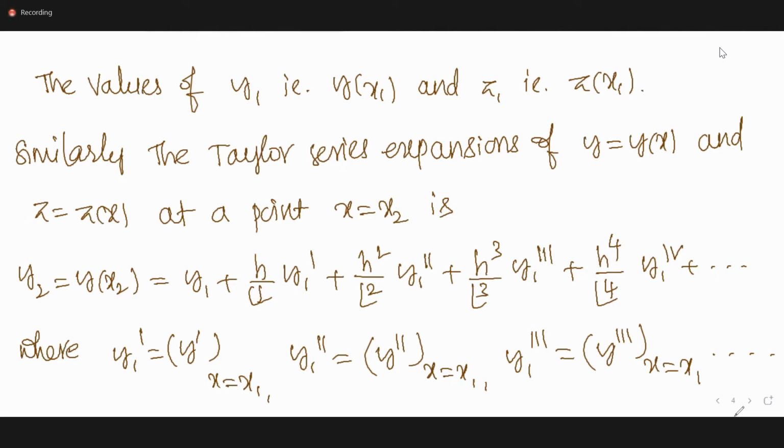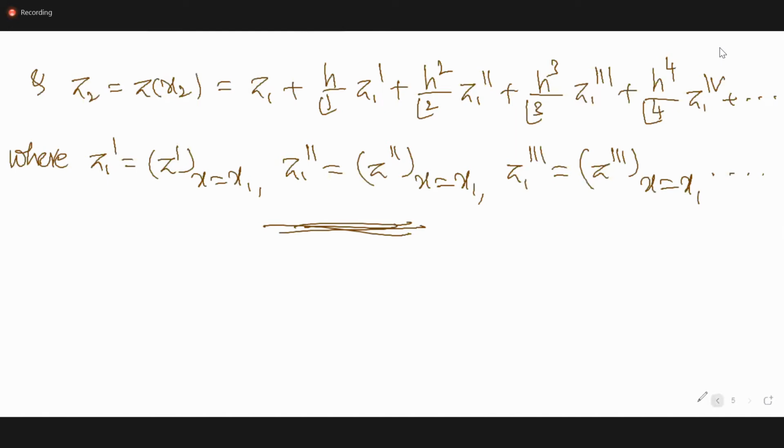Am I audible? y2 plus h by 1 factorial y2 dash plus h square by 2 factorial y2 double dash plus so on, where y2 dash is equal to y dash at a point x is equal to x2. Next, y2 double dash is equal to y double dash at a point x is equal to x2, etc. x3 or x2, sir? x2.